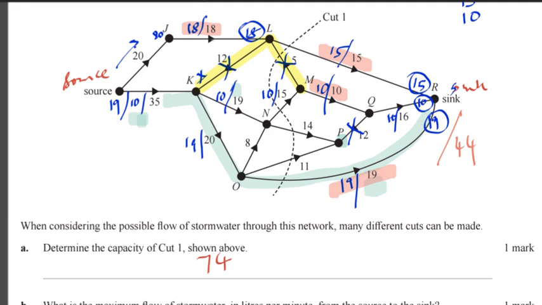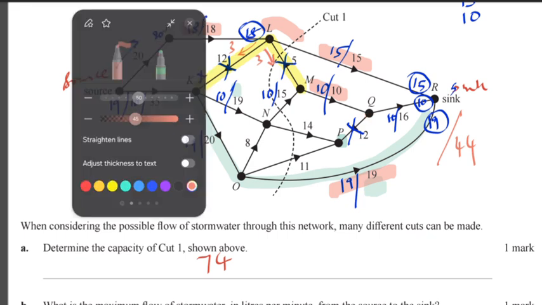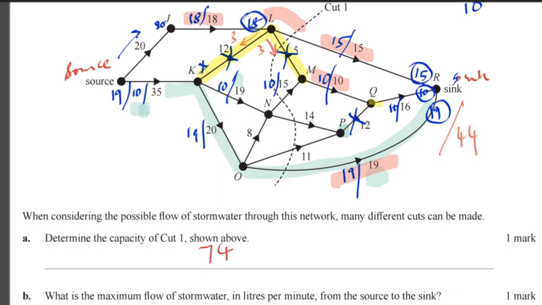And 15 of it passes through, which means that there is still 3 that can pass through either this way or that way. So that is just a small value of 3. Now let's see if there's any other edge that can be reversed so that we can have a larger increase. Now we can see that there is one, QP.